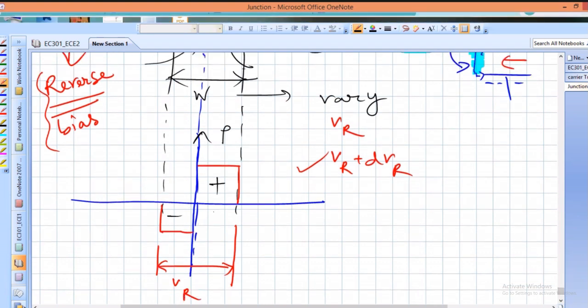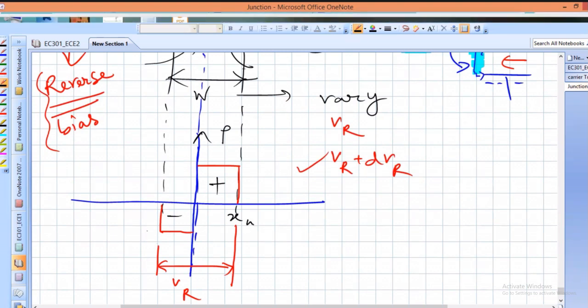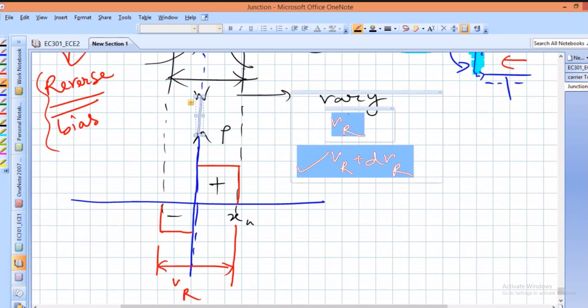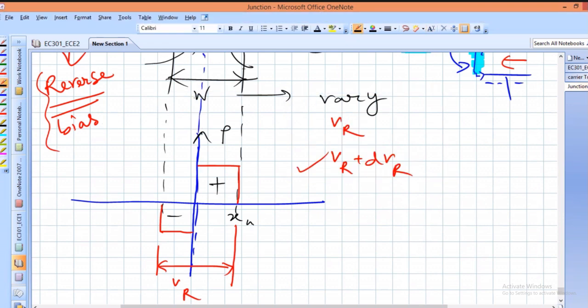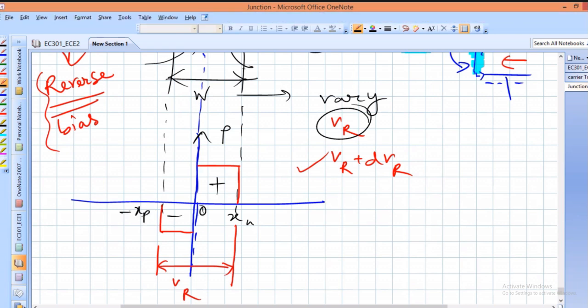This is the extension of the depletion region width, suppose I consider this Xn, for reverse bias voltage VR, and this is the origin 0, and this is minus Xp, the extension of the depletion region width on the P side of the junction.